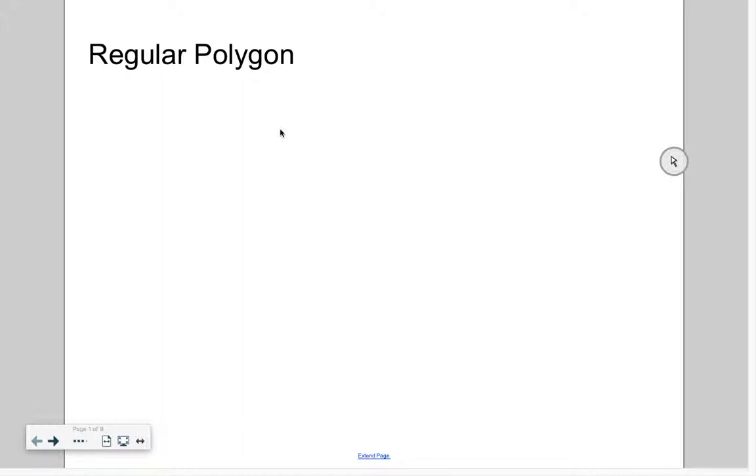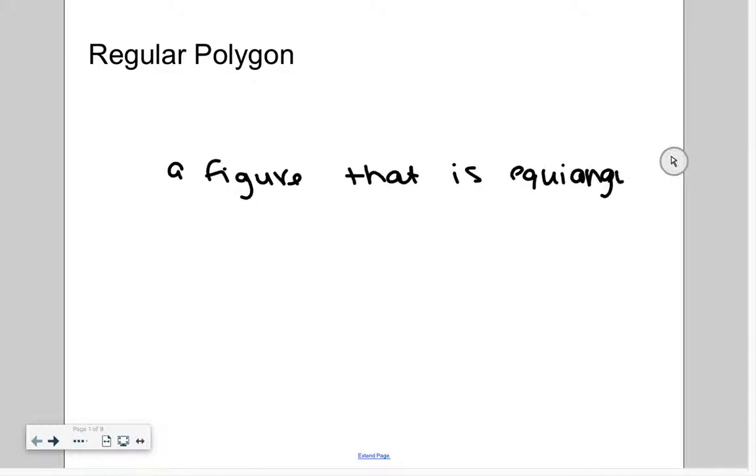A regular polygon is a figure that is equiangular and equilateral.